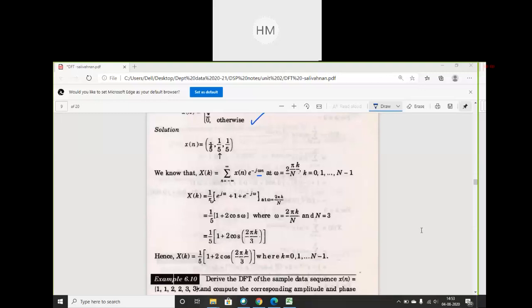Please students try to simplify, because a direct question of 20 or 15 marks will come on this topic, and you should know how to simplify this numerical. Other students also reply for the answer.